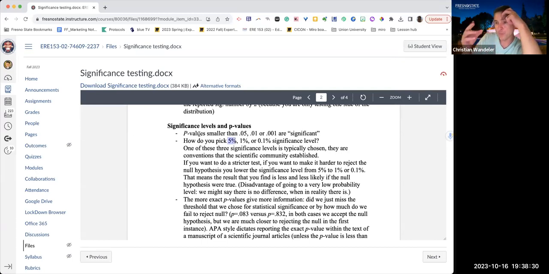It's important for us to understand it's all about probabilities. What is the likelihood of us finding a certain result? And based on that, we infer to the actual population or to the conclusions that we're trying to make about the world.